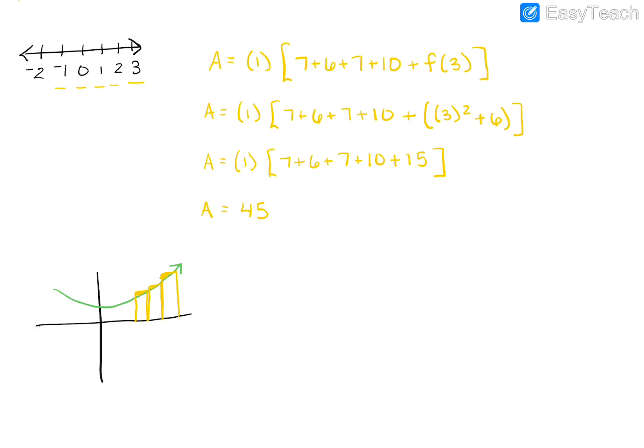So if we want to do right endpoints, our answer would be 45. When we do left, it's 40, and when we do right, it's 45, which is why these are approximations. When you take the actual integral, you'll get the actual area under the curve.